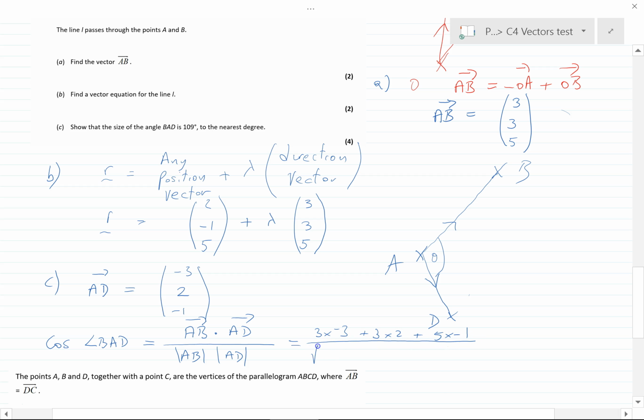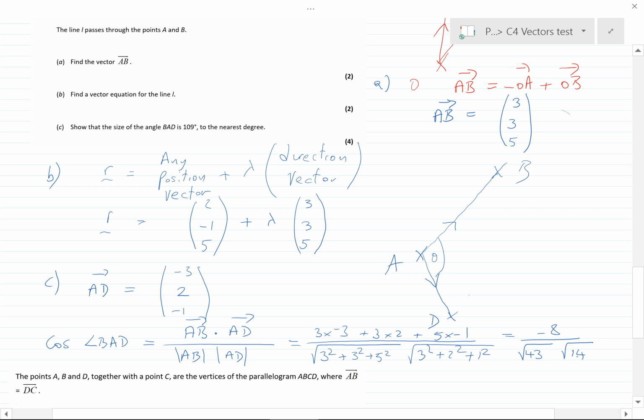Okay, and then the modulus, the size of AB, that's 3 squared plus 3 squared plus 5 squared. And the size of AD, ignore the minus, 3 squared plus 2 squared plus 1 squared, and the top comes to minus 9 plus 6, that's minus 3, minus 5, so that's minus 8, over the square root of 43 and the square root of 14.